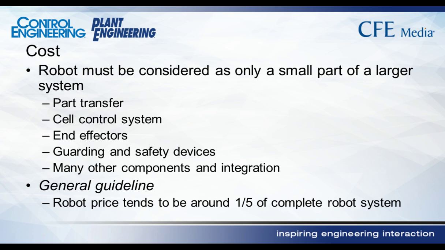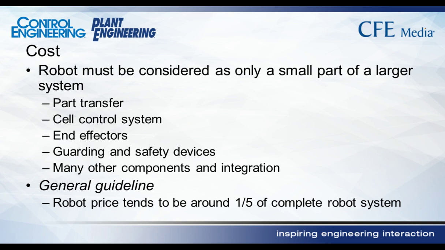If we have determined that this problem is one that a robot can address and the project is technically feasible, we must then determine if the cost of implementing the robot cell is acceptable. Here we must look at the total cost of a robotic system and not just the robot itself.